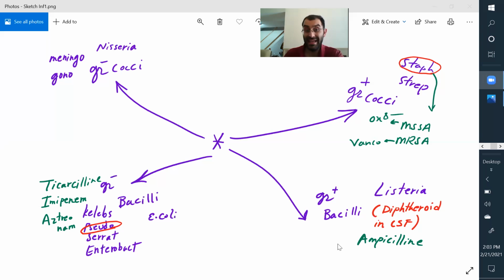These are gram-negative rods, Enterobacteriaceae family. E. coli and its cousins, especially Pseudomonas, are such terrible germs that it can give me TIA, transient ischemic attack.